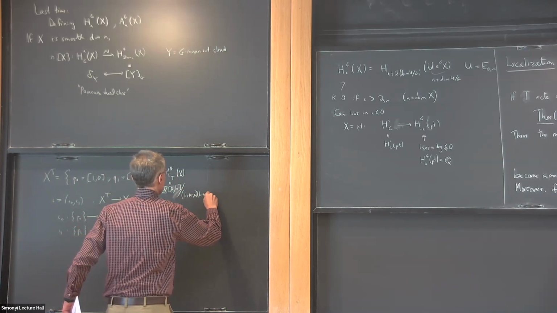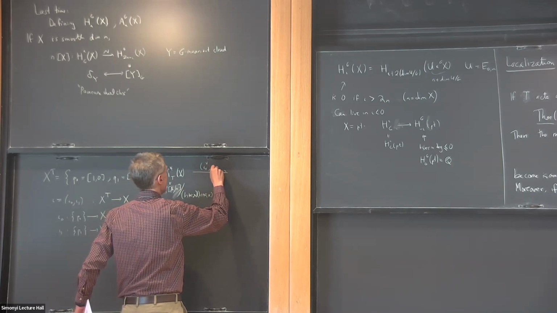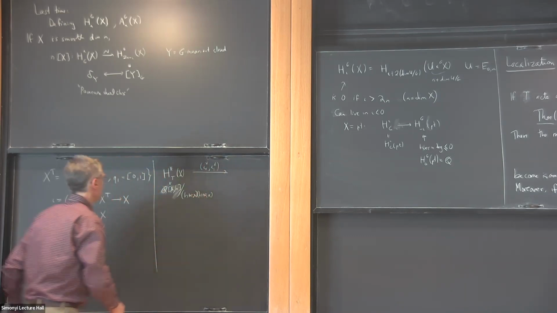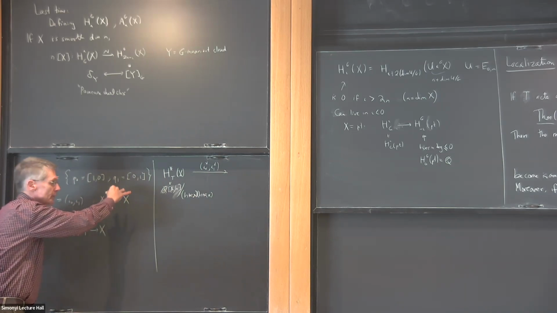So I star is just going to be I naught star, I1 star, right? Because this is just the inclusion of the two separate components. The cohomology of the fixed point set is the direct sum of the cohomology of this piece and this piece, because they're just two distinct points.